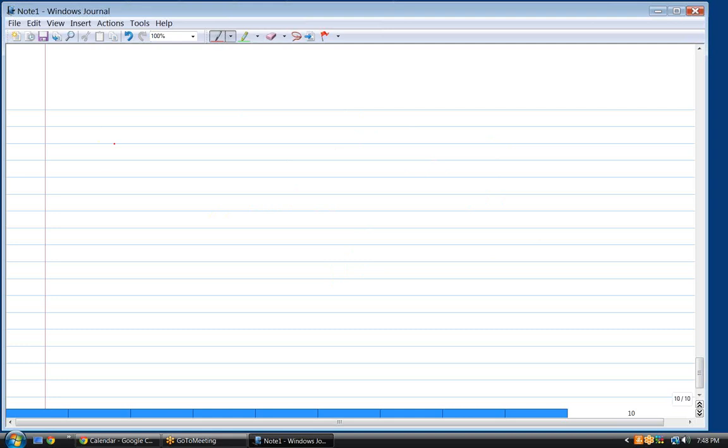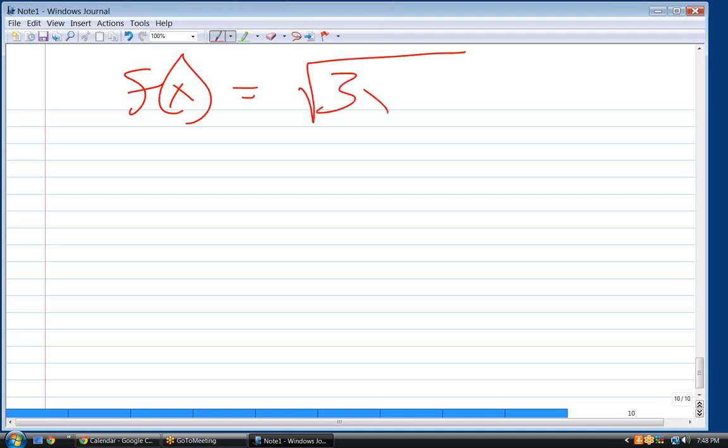Find the domain of the function f of x equals square root of 3x minus 10. How am I going to get the domain? Set what's inside the radical equal to 0.